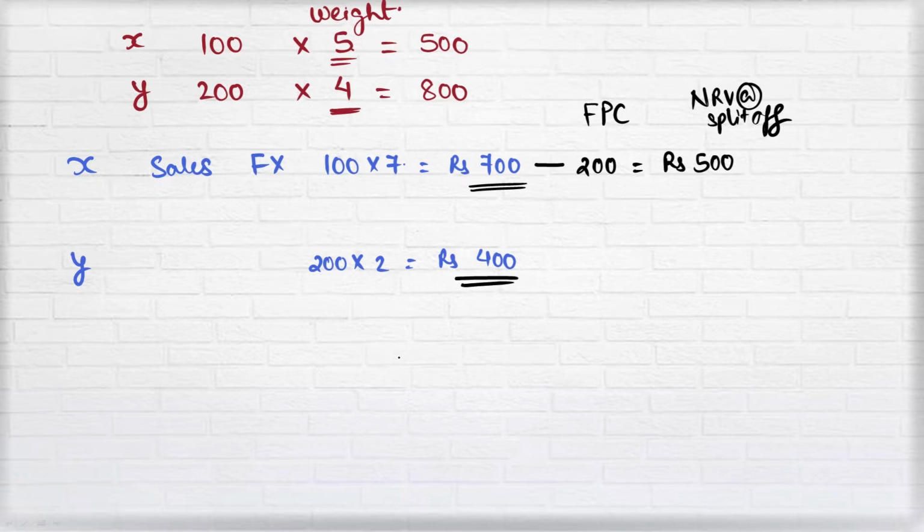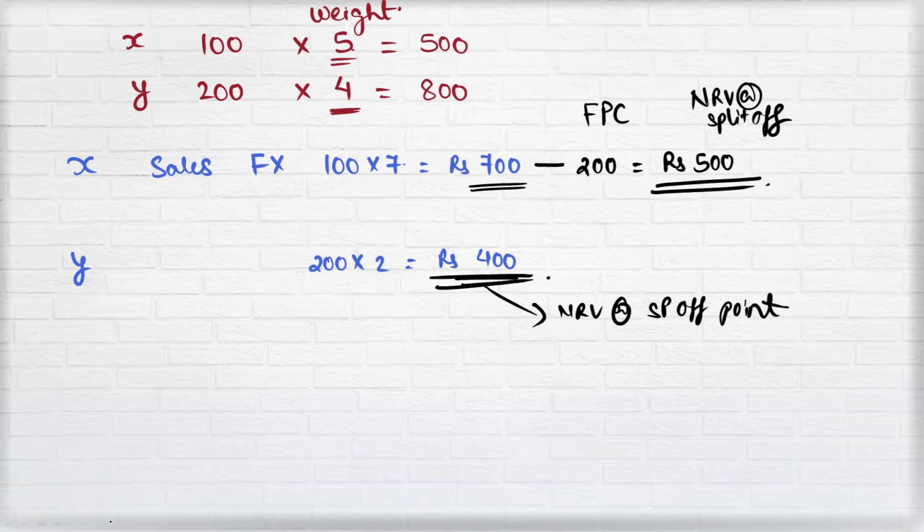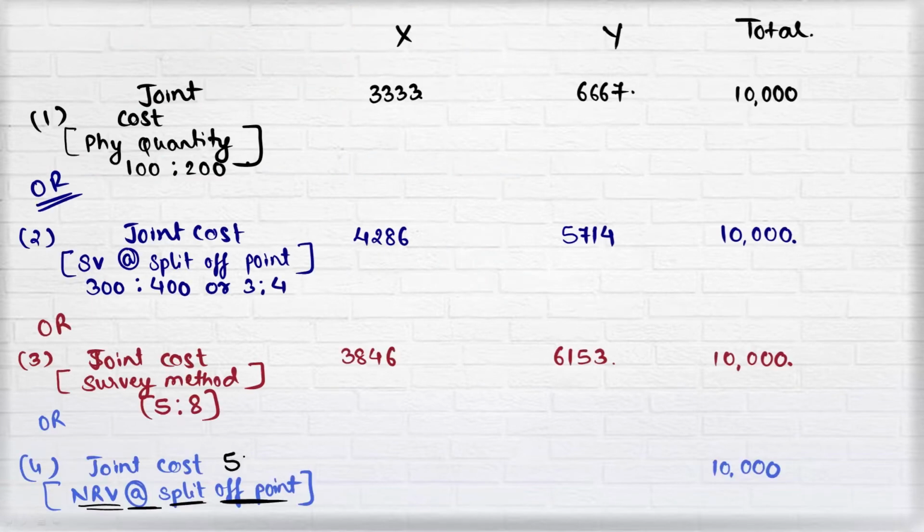So I reduced further processing cost, and this is what I will be getting: NRV at split off point. Sir, this is a sales value at split off point. In this case, sales value at split off point and NRV at split off point are the same. This is NRV at split off point. If you want to distribute the further processing cost, it should be distributed in the ratio of 5:4.